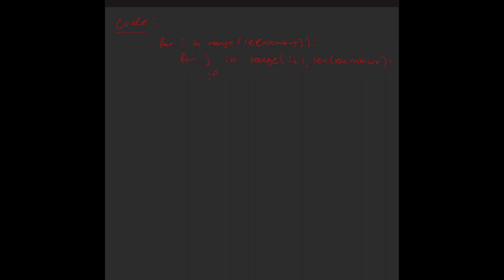And we have our check: if numbers of i plus numbers of j equals the target, then we would return i plus 1, j plus 1. And let's say we run into a situation where we couldn't find any option, although that hasn't been expressed in the problem, but to be proactive and just in case, we would return an empty array.